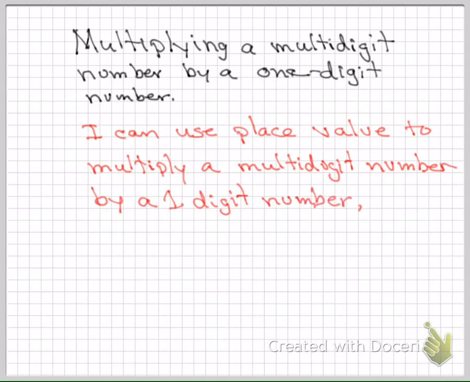Now that's the same objective we had yesterday, except for today we're adding one new word. I can use place value and partial products.